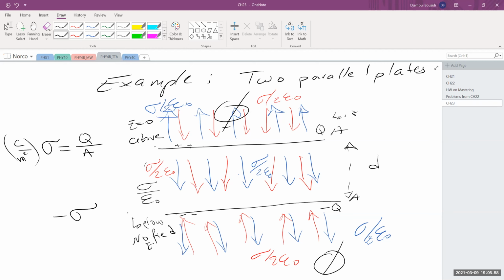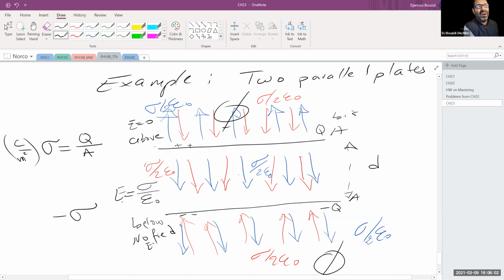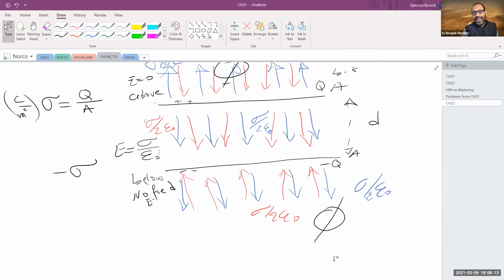Yeah, good, makes sense. Okay, so the electric field is 0 outside, above and below, and inside it's actually twice as much as sigma over 2 epsilon naught, which just puts it at sigma over epsilon naught. So this device is useful in a sense.